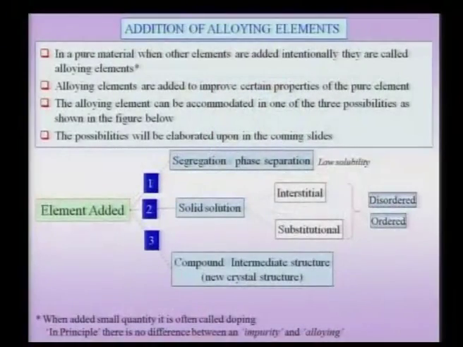Either it could segregate or phase separate, that means that it has got very low solubility in the parent lattice. The alloying element added could form a solid solution, and these solid solutions could be interstitial type or substitutional type, and as we shall see, this solid solution could be ordered or disordered. And finally it could form a compound or an intermediate structure.